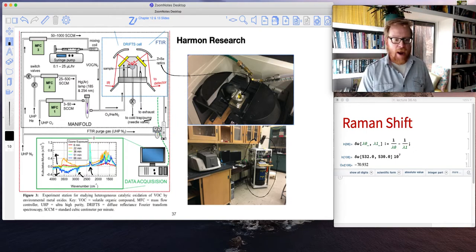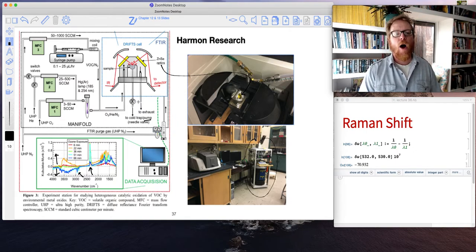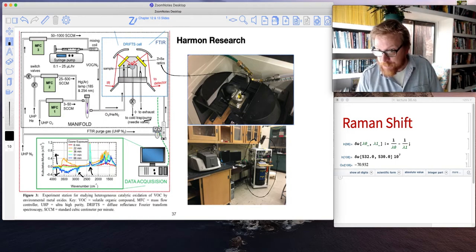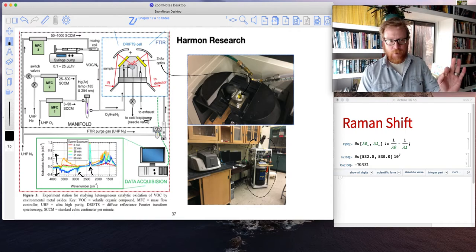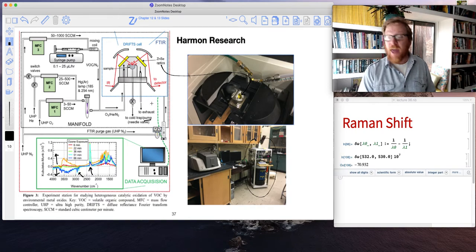And again, I'll remind you, the way we put this together, our sample is our background. We only load in a sample. We don't even do a separate background. We flow an inert environment over the surface, and that's the background spectrum.